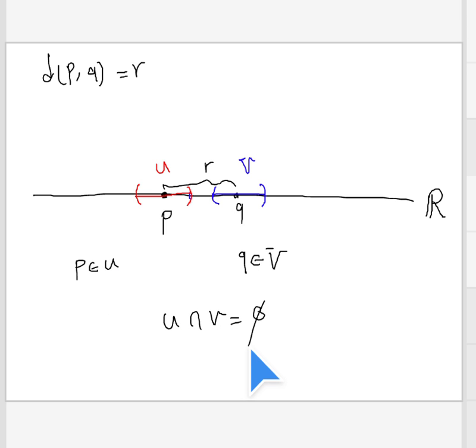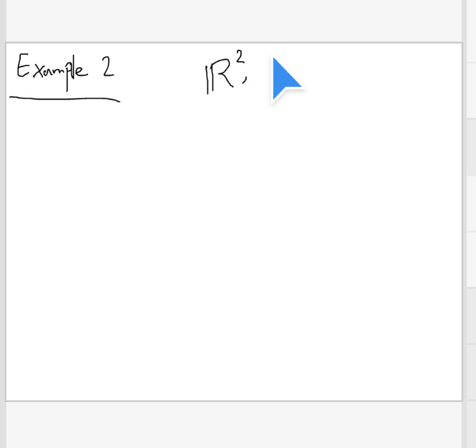Okay. This is the first example. The second example, Example 2, R2 with the Euclidean metric on it.